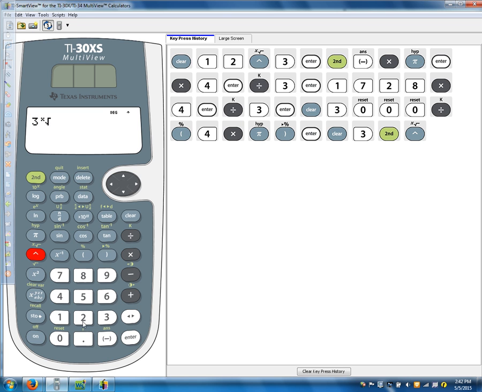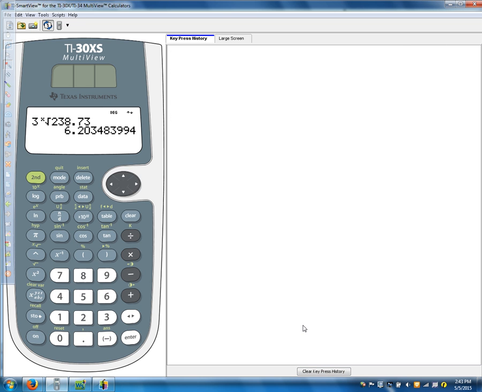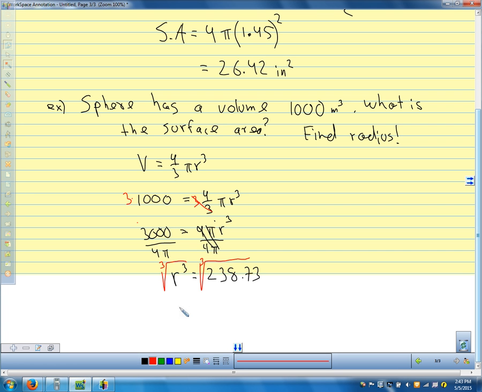And then I put 238.73. So I get 6.2. So the radius equals 6.2.